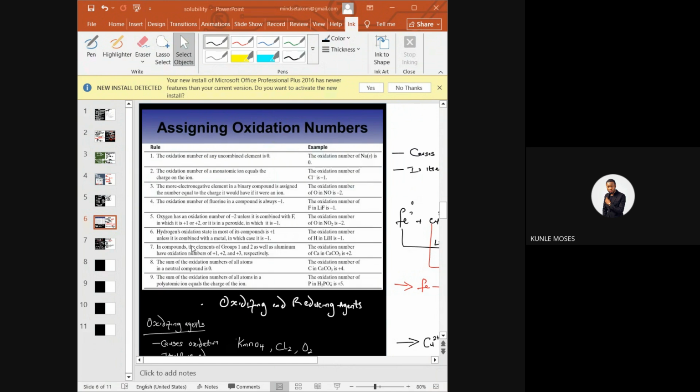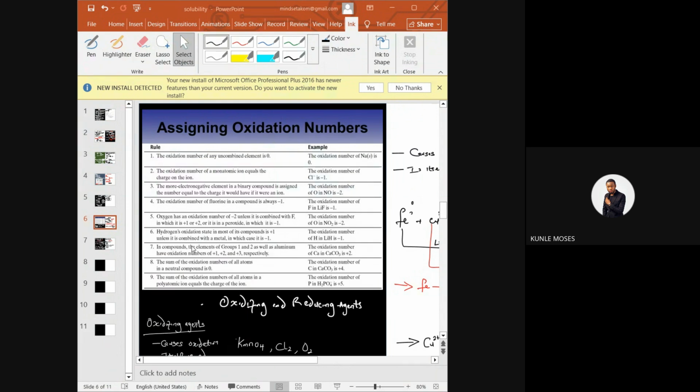In H2O, if hydrogen is X, that would be 2X plus the oxidation number of oxygen, which in most cases is -2, except for peroxide. That's 2X plus -2 equals 0. That would be 2X equals 0 plus 2, so 2X equals 2, X equals 2 divided by 2, X equals 1. Simply means hydrogen is +1, isn't it? So hydrogen is +1 in most compounds.